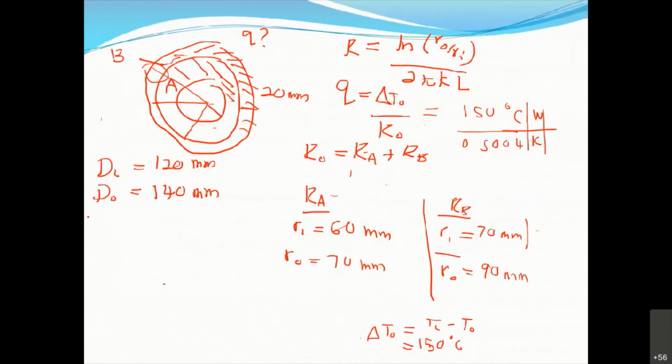Now, as I mentioned in our previous class, let's say I have 150 degrees Celsius, but my value of R, let's say, is 0.5 Kelvin per watt. So how do I cancel out this Kelvin and this degree Celsius?